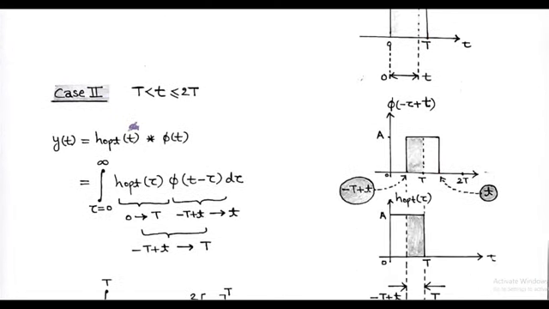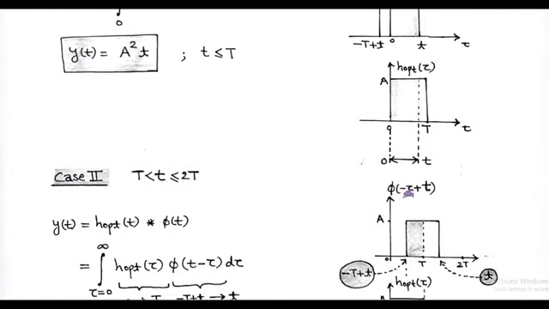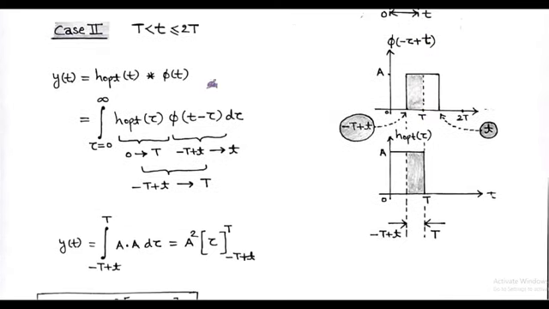Now we consider the second case. Here small t is greater than capital T but less than or equal to twice capital T. In this case, we again consider phi(minus tau plus t), such that the value of small t is greater than capital T but less than or equal to twice capital T. Accordingly, the output y(t) equals the optimum h(t) convolved with phi(t).